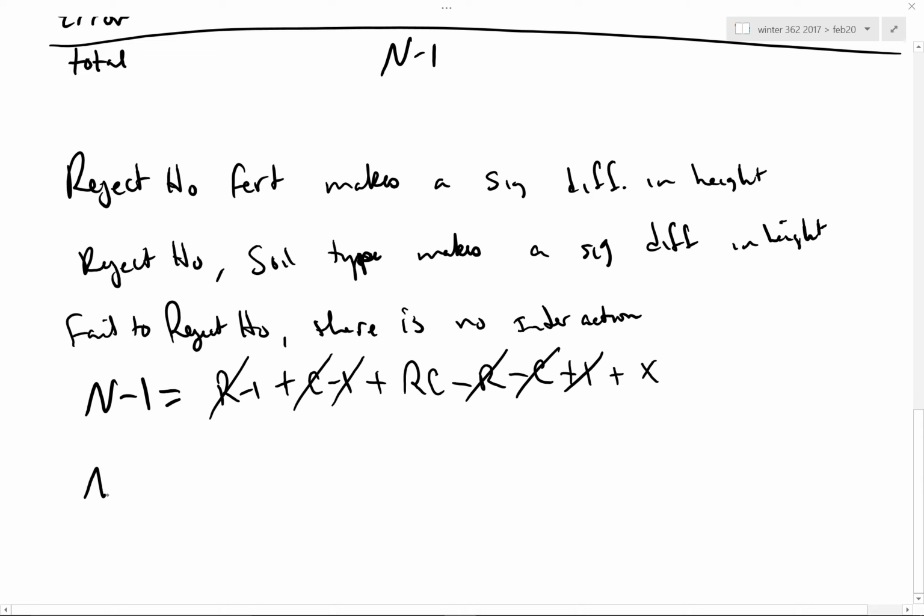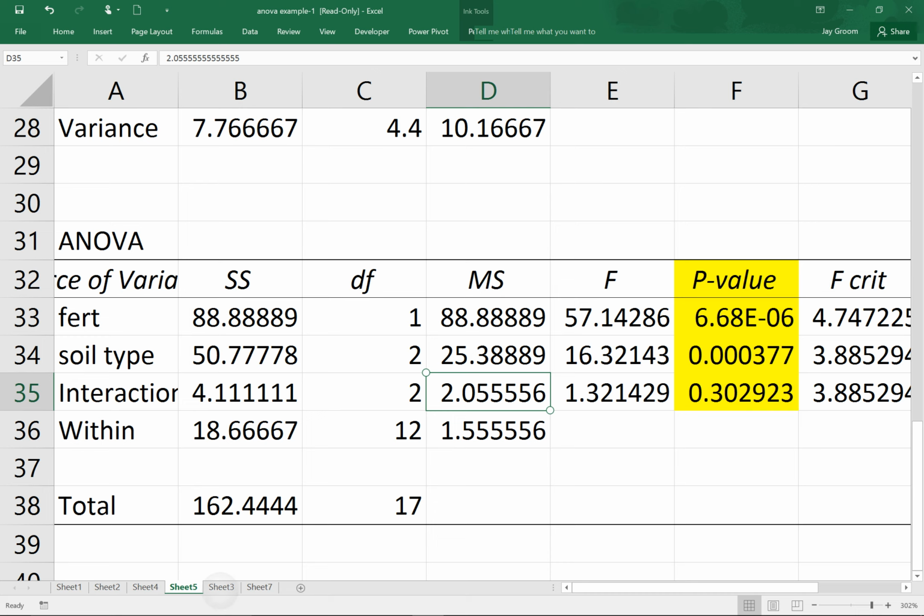So then N minus 1 minus another 1 minus RC is X. Yeah, that's technically right, but that's not how they write it usually. Never mind. Not important. I will add that to the video this week when we get to it.